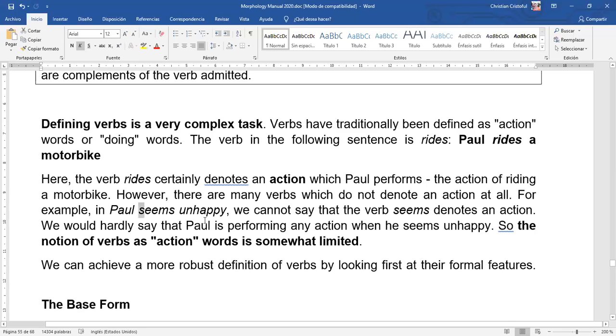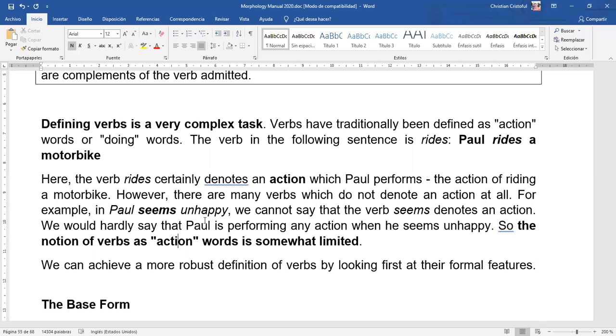And it's also a verb. All right. So when we say verbs are action words, the definition is incomplete. So we need to explain better what verbs are.